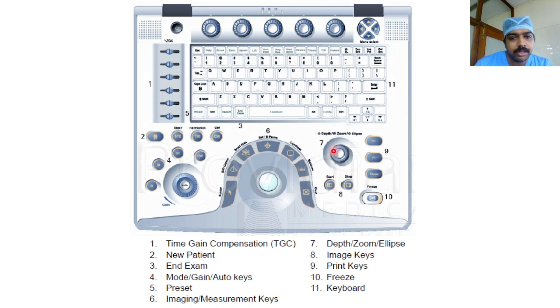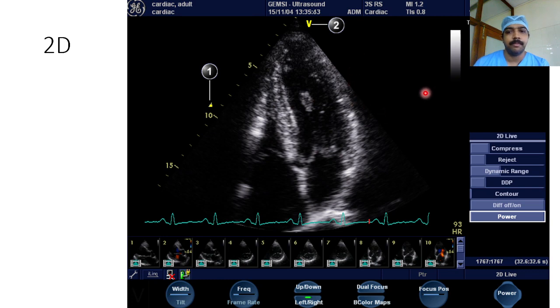Then this is for adjusting the depth, zoom and all. For the gain, adjusting the gain, decreasing and increasing the gain, and we can store it here. And here is the TGC, and all the other soft menu items we can control with the menu select button here. So 2D echo, all these optimizations we have gone through.